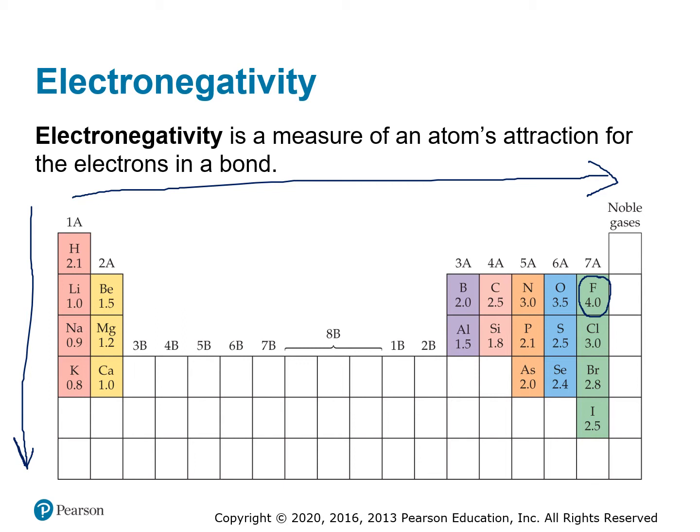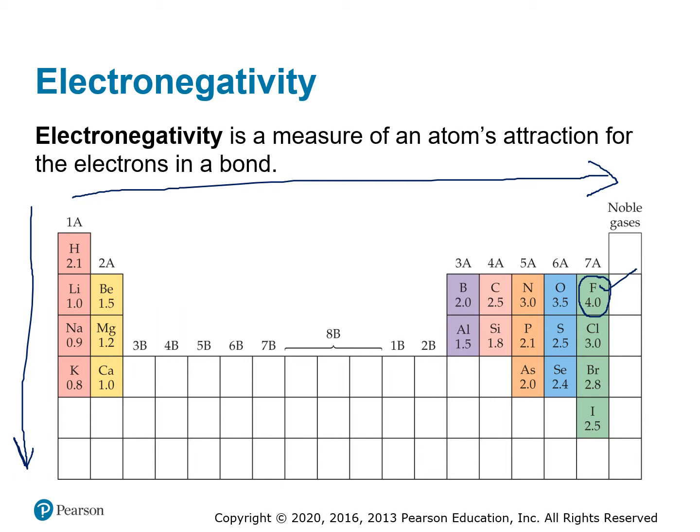So if I ask you, from all the elements listed here, which one is the most electronegative element, then you should be able to point out that it is fluorine, even without seeing these numbers, because you know the trend: it goes on increasing from left to right and decreasing from top to bottom.